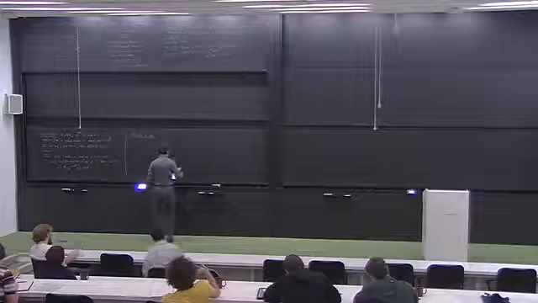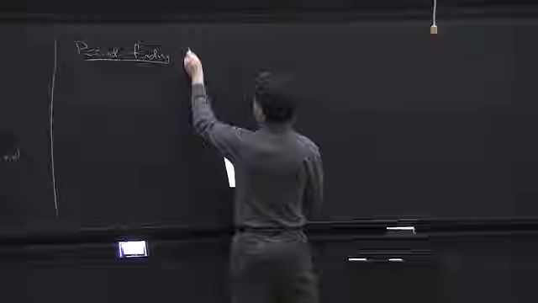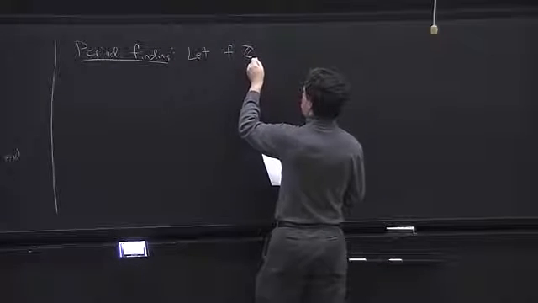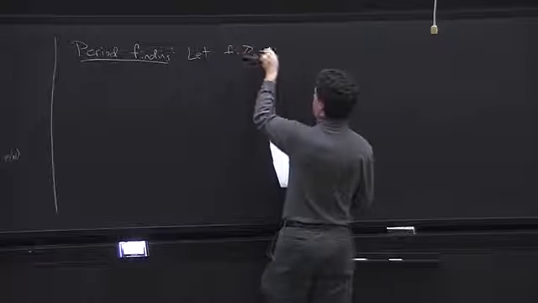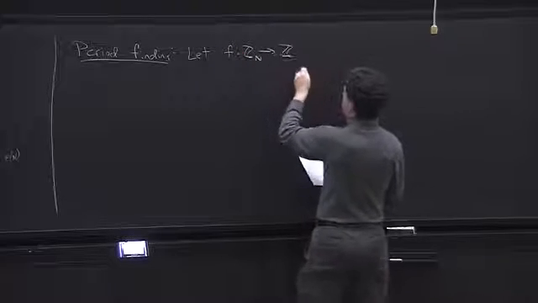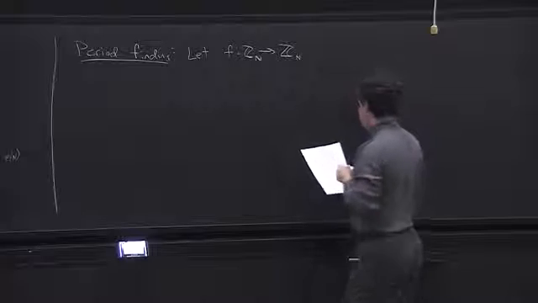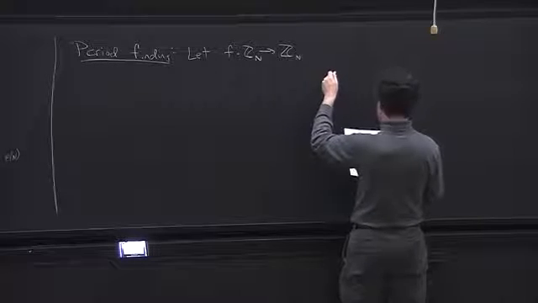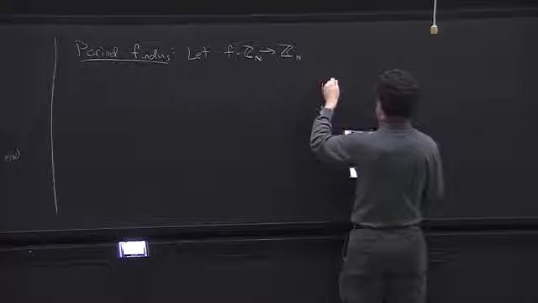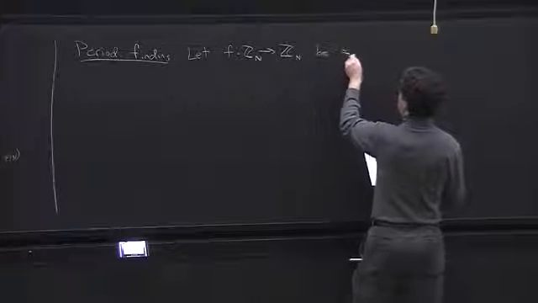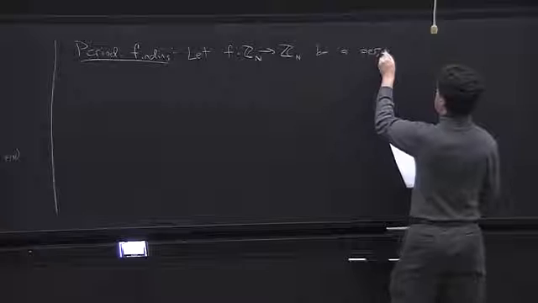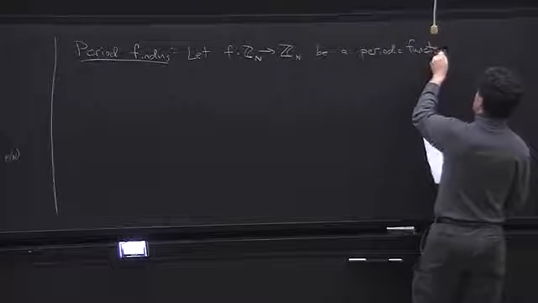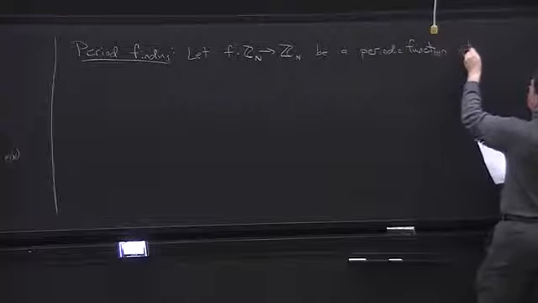So period finding: we're given some function, and it's going to map the integers mod n to themselves. This is going to be a periodic function with period r.